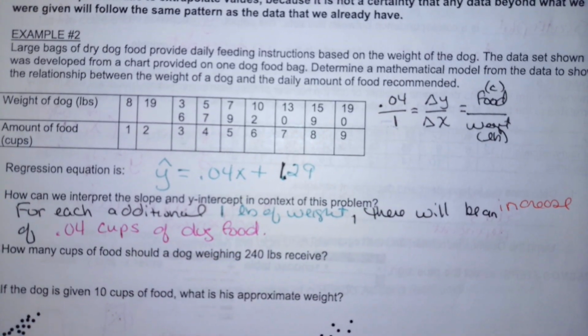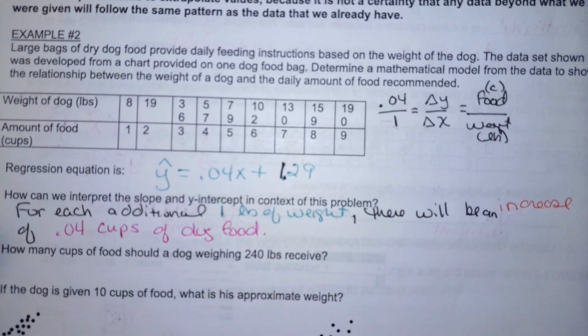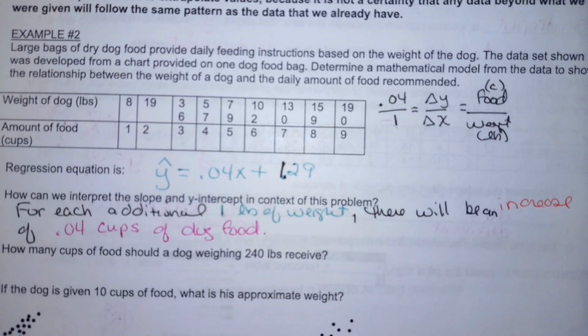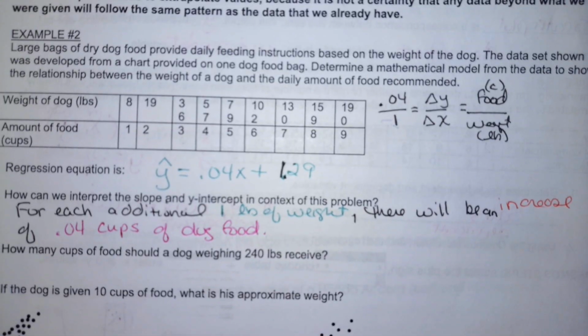So for each additional 1 pound of weight, there will be an increase of 0.04 cups of dog food. All right, so that's our interpretation of slope.